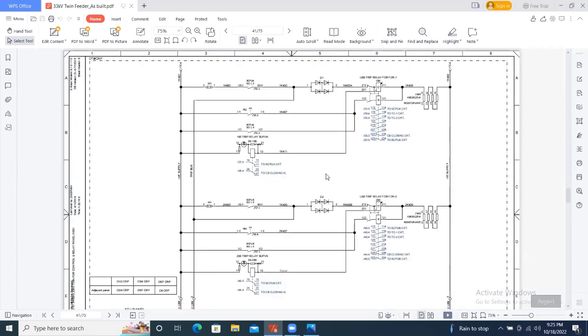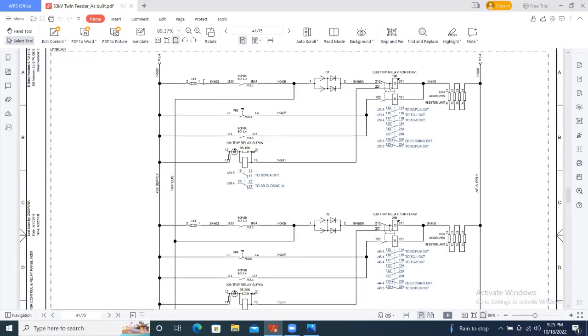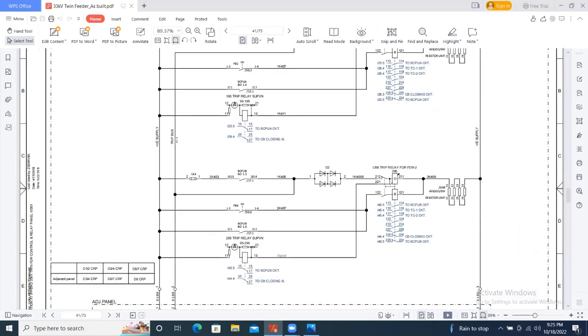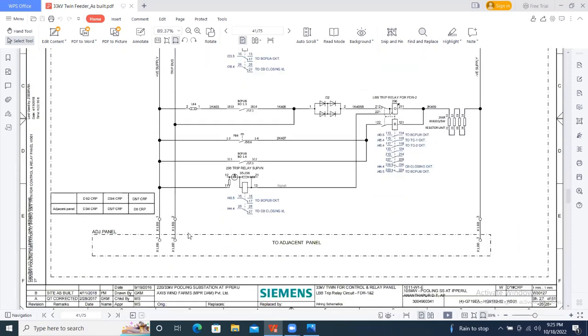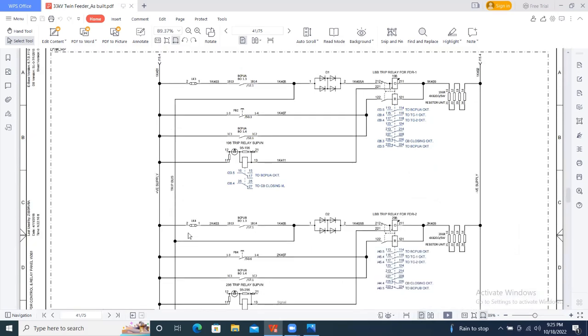I am looking into the LBB trip relay. The LBB trip relay is also the same. If it operates, this will operate. So these are again the same. But you can see a parallel connection is there. Why this connection? Because this is a trip bus which is going to the adjacent panel. If any one of the breakers fails in my adjacent panel, the LBP trip operates. It is a type of protection called local breaker backup protection.